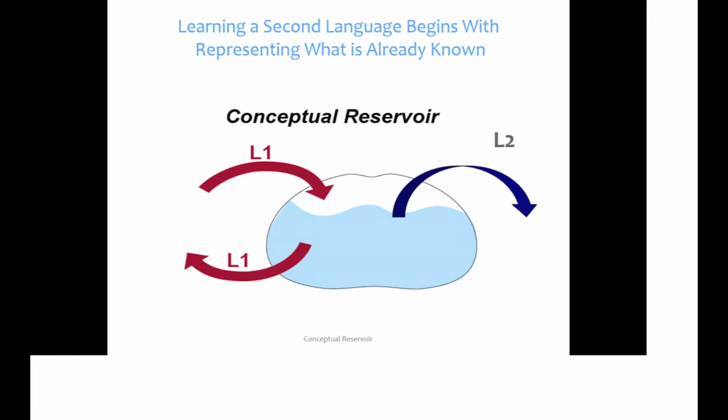When we begin to learn a second language or an additional language, we don't have to build a new reservoir. Rather, we begin to express what we already know and understand through the second language. This is represented by the blue arrow labeled L2 going out of the reservoir.